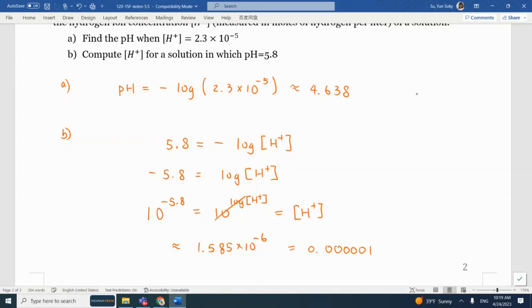Is it 5 zeros? Yeah. And then you move the decimal 1, 2, 3, 4, 5, 6. That's why it's 10 to the negative 6. Okay, everybody? So this is scientific notation.